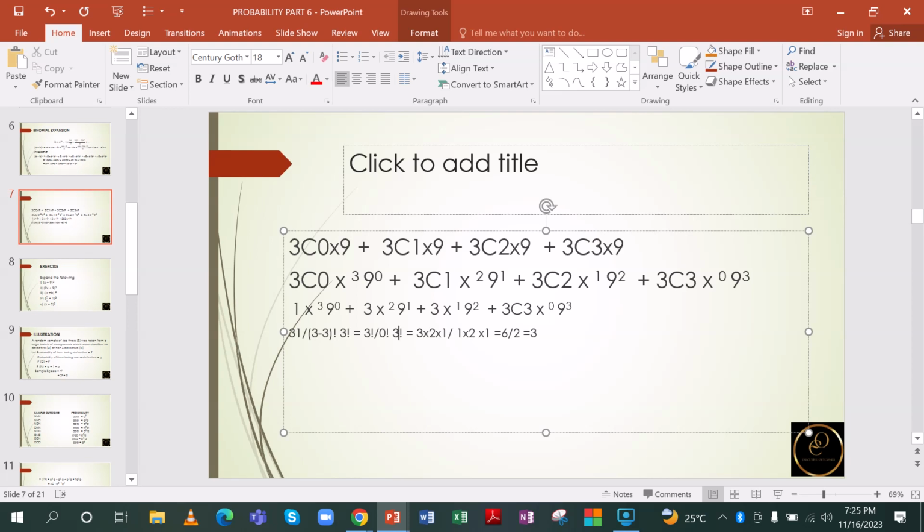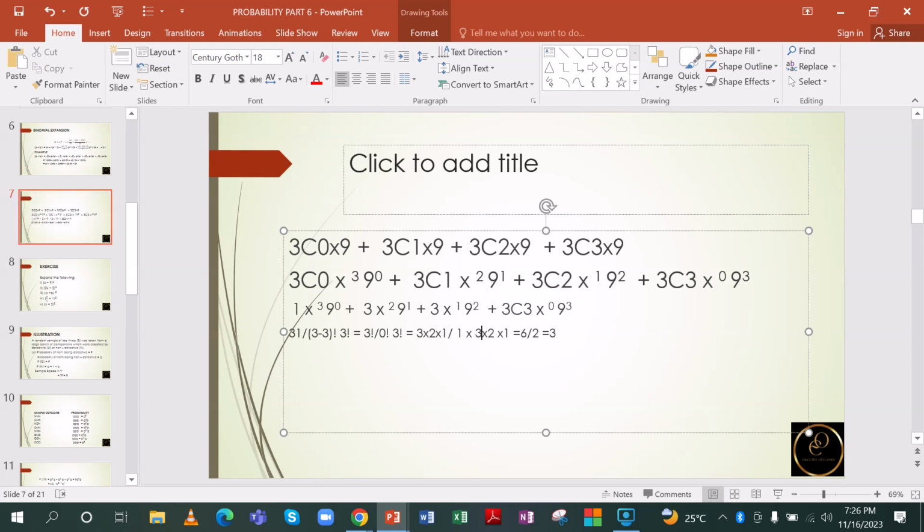So it will mean that you have 3 times 2 times 1, which is 3 factorial, the numerator, divided by 0 factorial, which is 1. 0 factorial is 1. So there will be 1 there times 3 factorial, which is 3 times 2 times 1.